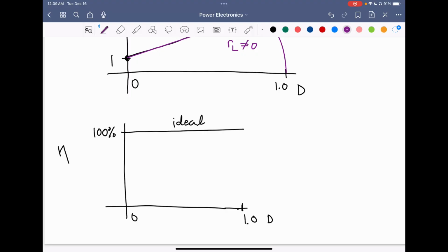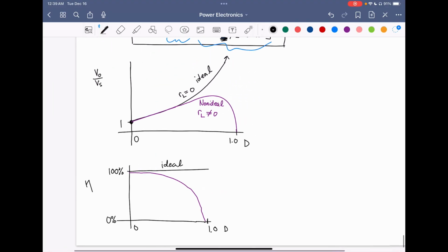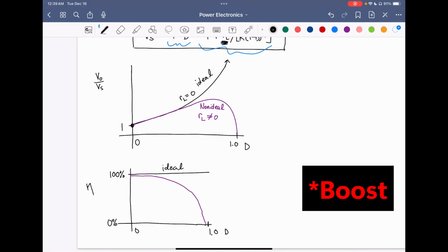So it will look something like this. And this is 0% efficient. So this is the analysis for a boost converter where we consider the inductor's resistance.